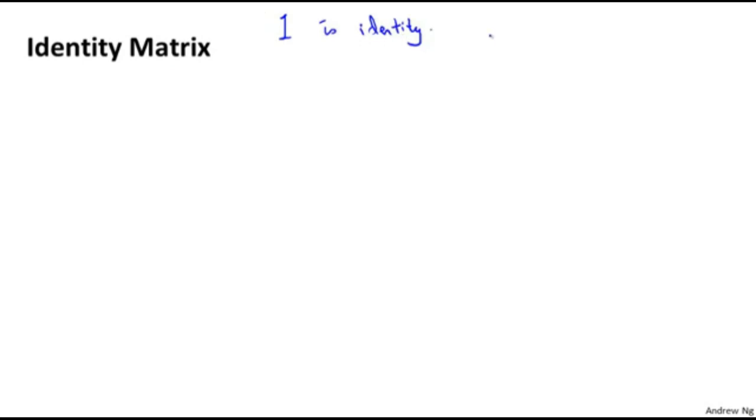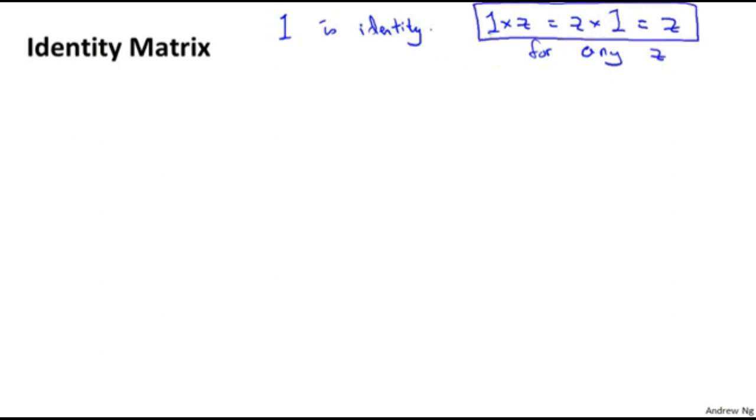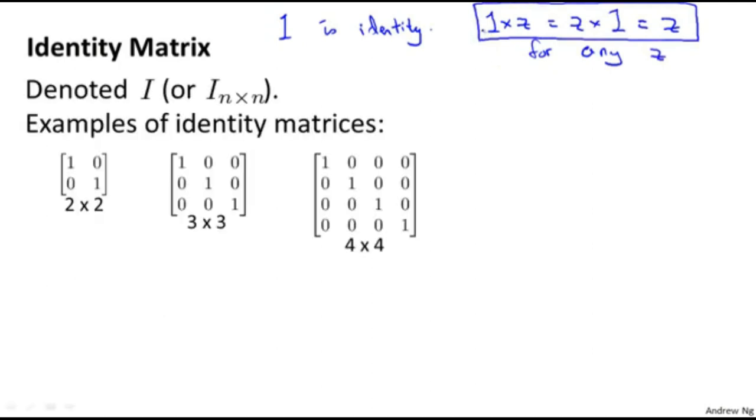And what I mean by that is that for any number z, the number 1 times z is equal to z times 1, and that's just equal to the number z, for any real number z. So 1 is the identity operation and satisfies this equation. It turns out that in the space of matrices, there's an identity matrix as well, and it is usually denoted I, or sometimes we write it as I of n by n if we want to make explicit the dimension.